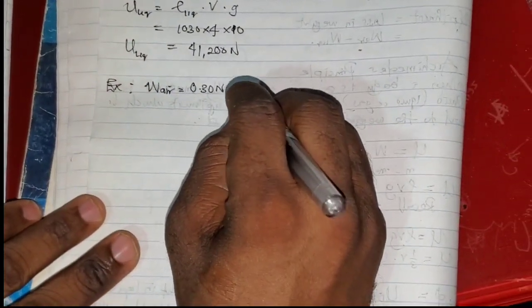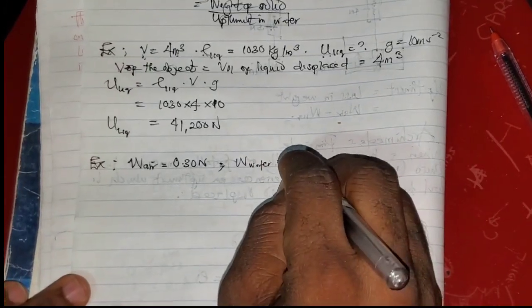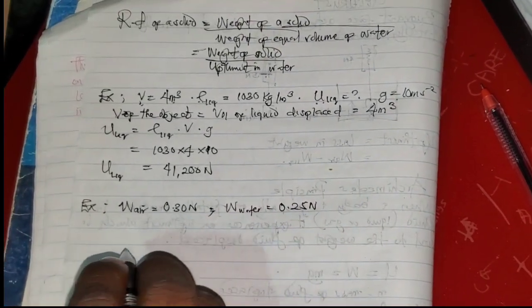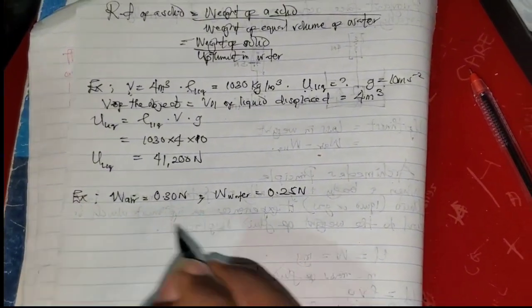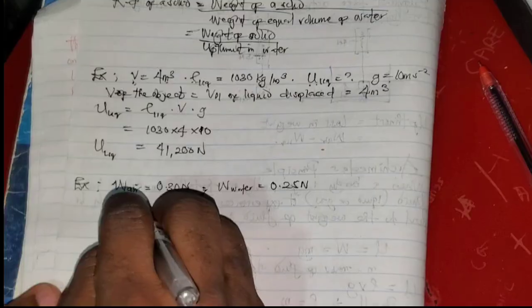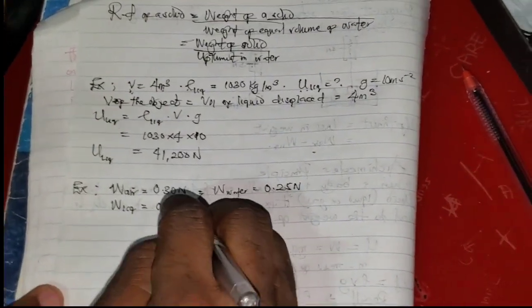That means weight in water equals 0.25 newton. And 0.27 newton when fully immersed in a liquid. We write weight in the liquid equals 0.27 newton.